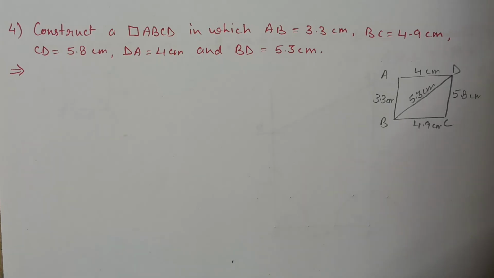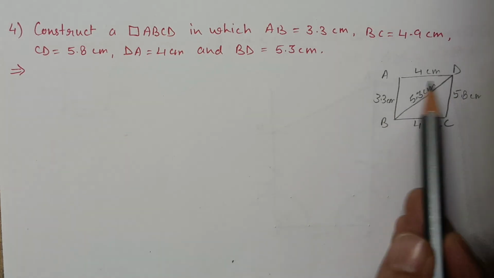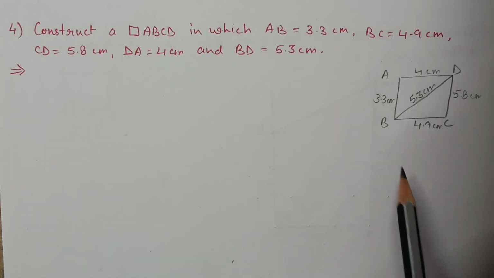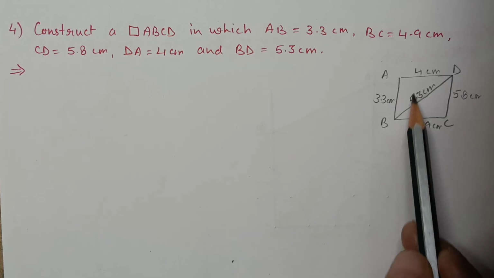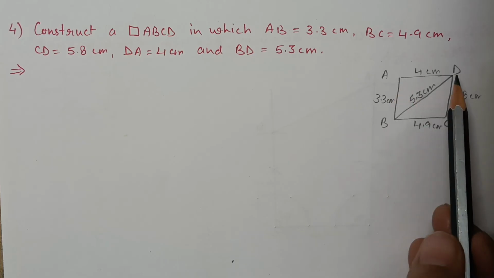Next, question number 4. Construct a quadrilateral ABCD in which AB is 3.3 centimeter, BC 4.9 centimeter, CD 5.8 centimeter, DA 4 centimeter, and BD 5.3 centimeter. So first we will make a rough figure and write all the measurements. You can see here we have all 4 sides and one diagonal.